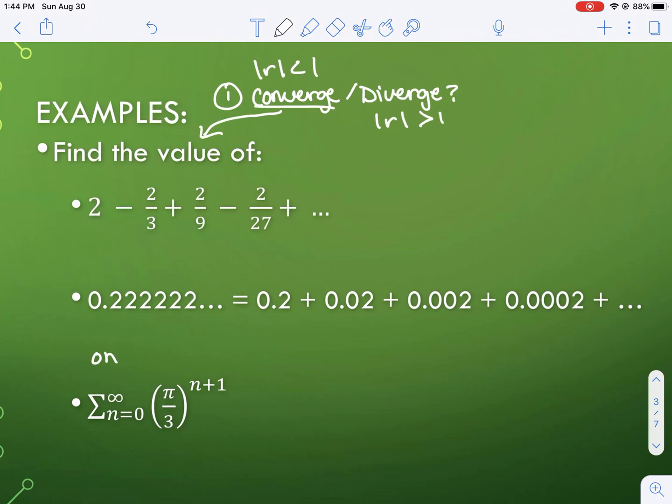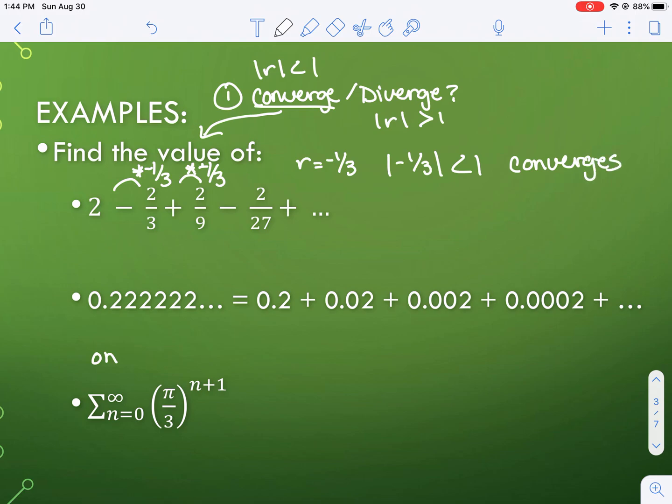Looking at this example here, I need to find what the common ratio is first. I can see that I multiply by -1/3 to get between all of these values. So r is -1/3, and the absolute value of -1/3 is less than 1, so it converges.